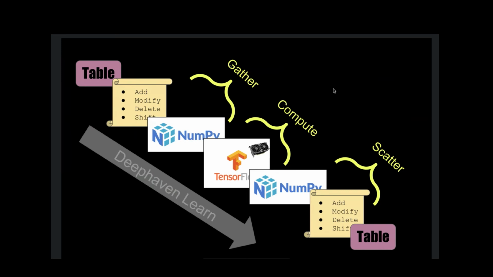We'll call the first part the gather part, where you take a change event and then output a NumPy array or something. Then we'll have a middle phase, which is a compute phase, which takes inputs, performs some type of AI calculation or other logic, and creates outputs, which may be NumPy arrays. And then finally we have a scatter operation, which takes these outputs and puts them into an output table.